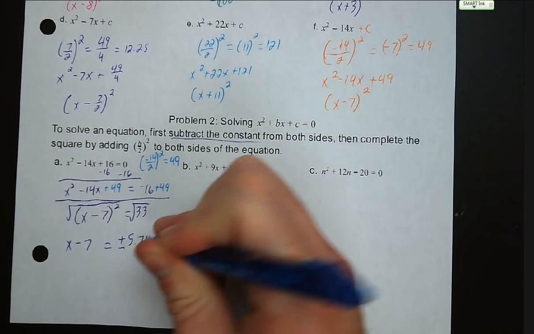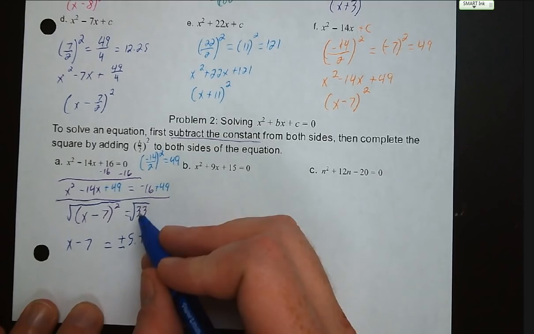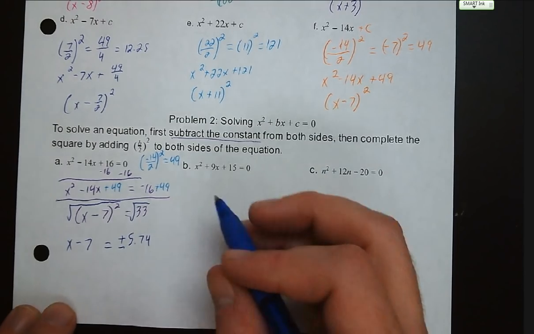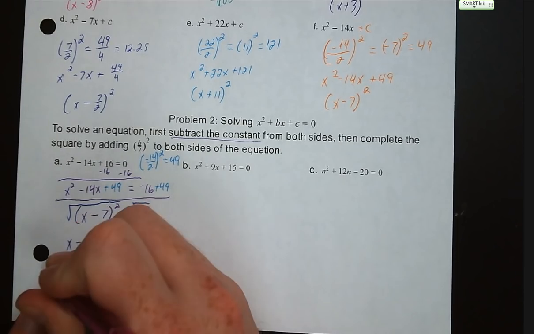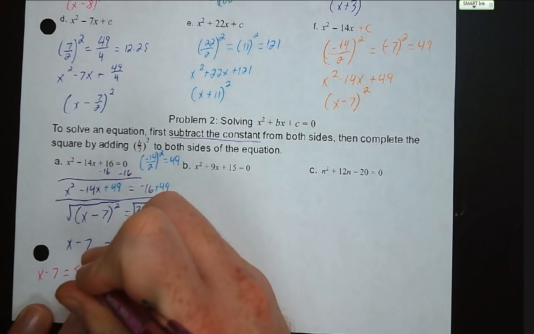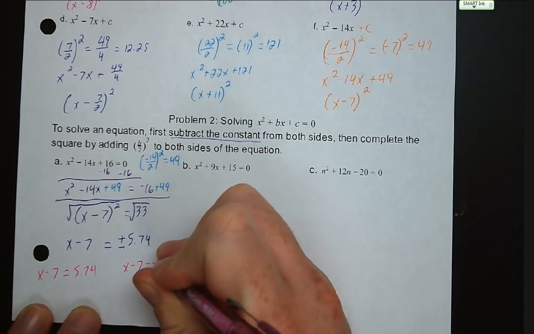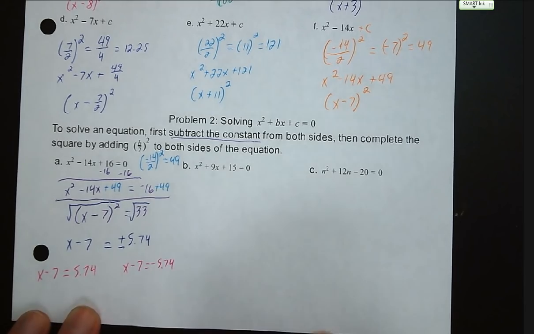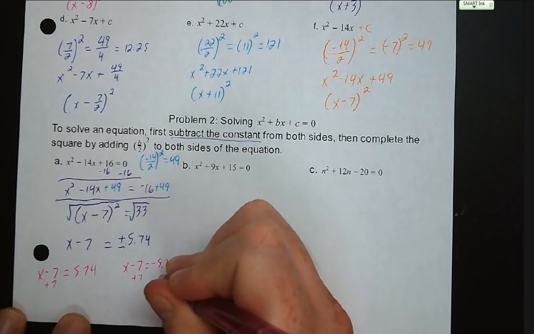5.74. Okay. And we split that into our two equations to come up with our final answers. X minus 7 equals positive 5.74, and x minus 7 equals negative 5.74. We add 7 to both sides of our equation in both equations.